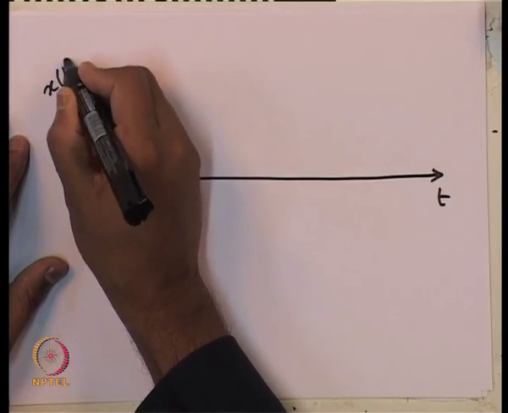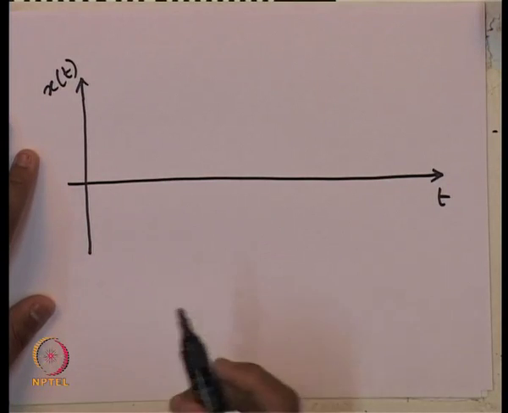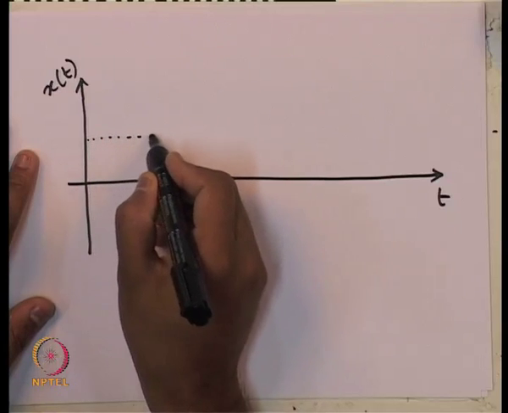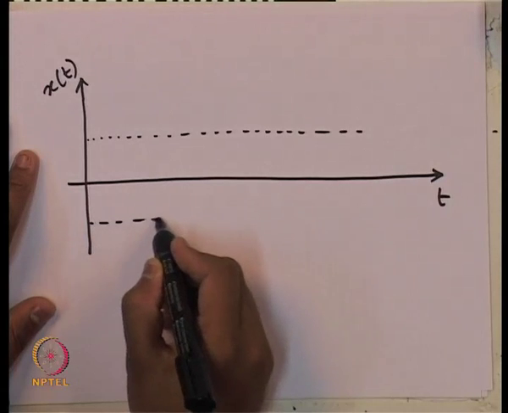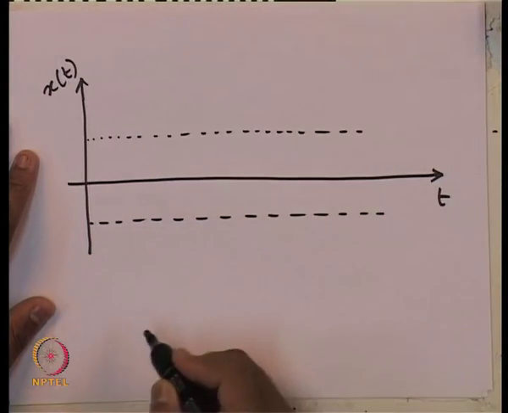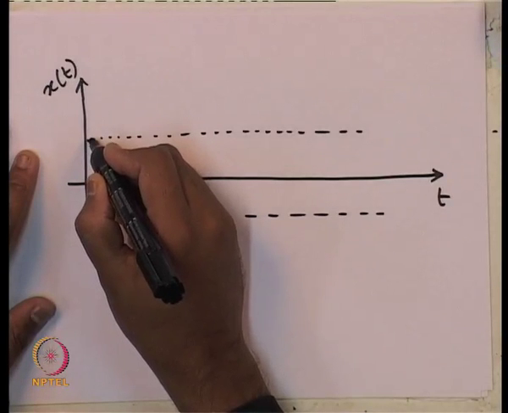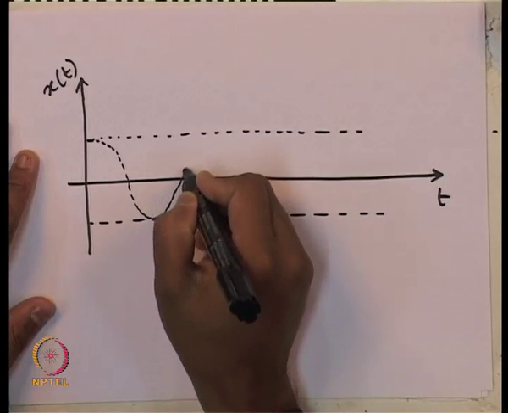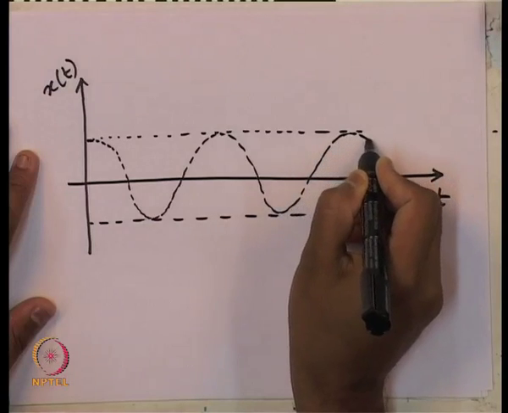I am now plotting the total response x of t. Let me first draw some dotted line with constant amplitude, and then let me draw this curve, that is, the particular integral part.